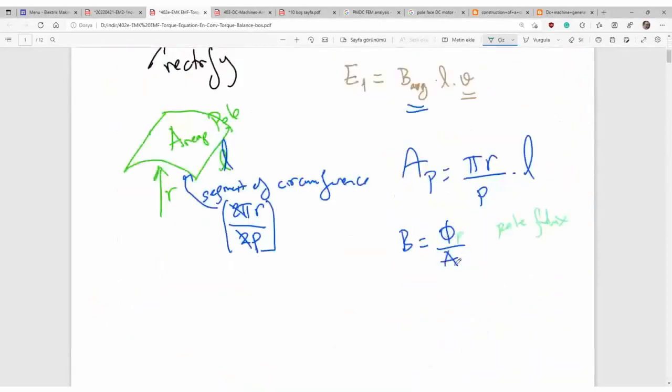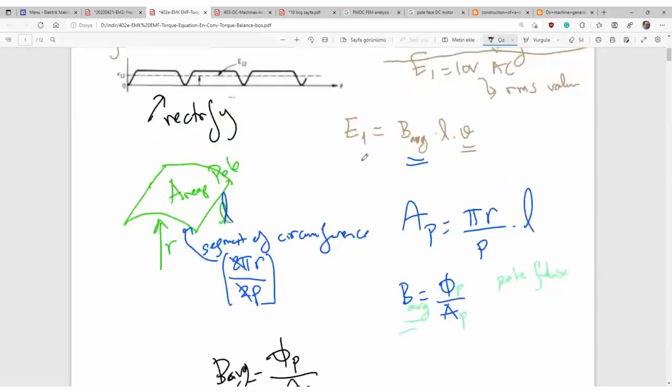That is the area of pole. That is the average flux density. Okay, now pole flux over cross-section area of pole makes average flux density, and let me substitute it here, and then let's calculate V.